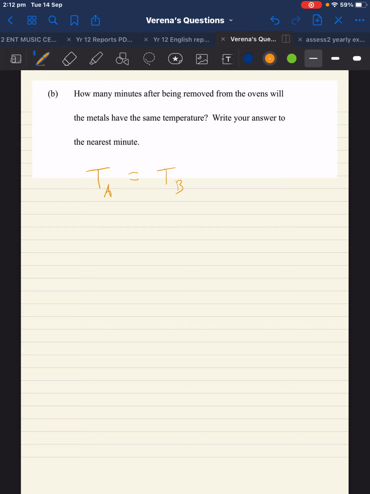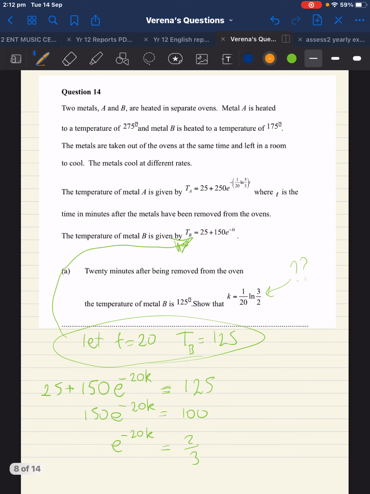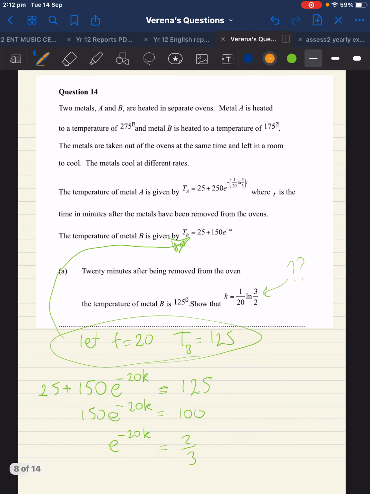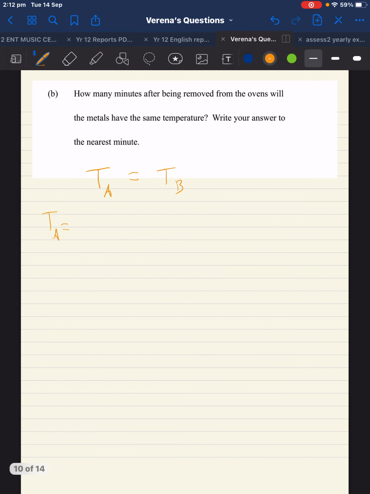Okay, so we had our equations. T_A was an equation. It was this one right there: 25 plus 250 e to the minus 1 on 20 ln 5 on 3 t. If I've made a mistake right here, I'm in for a world of hurt.